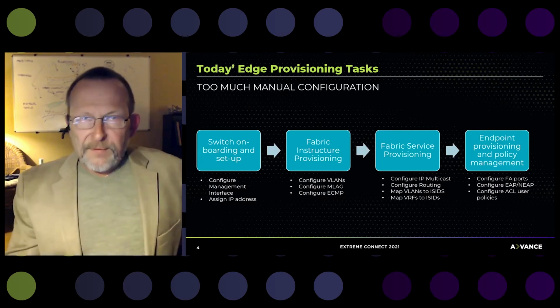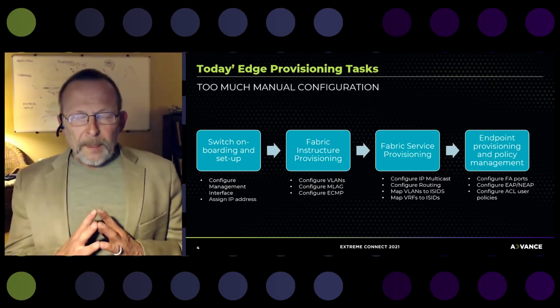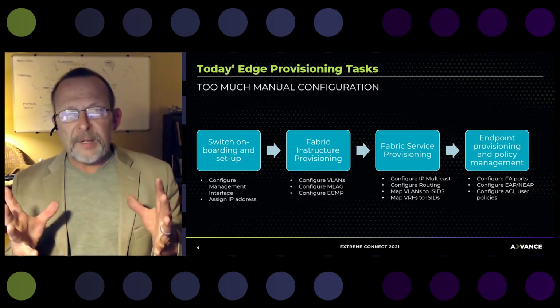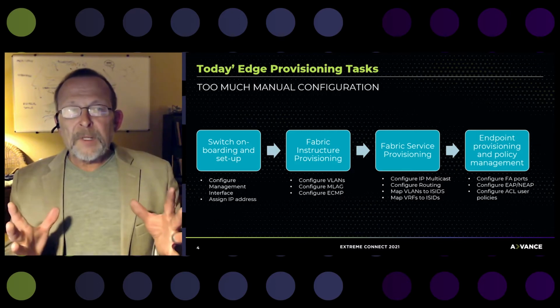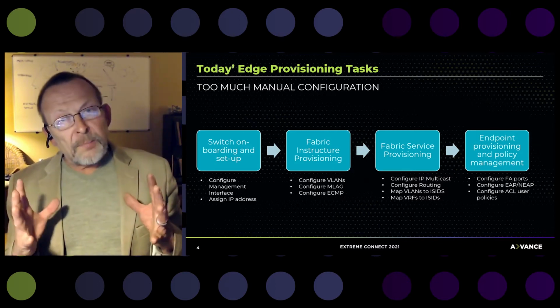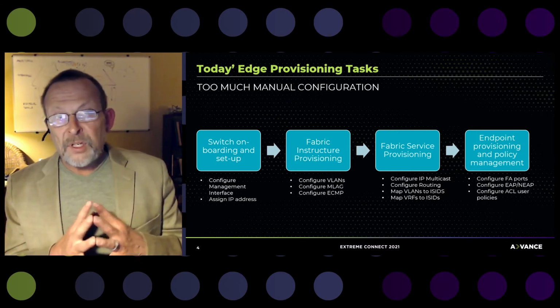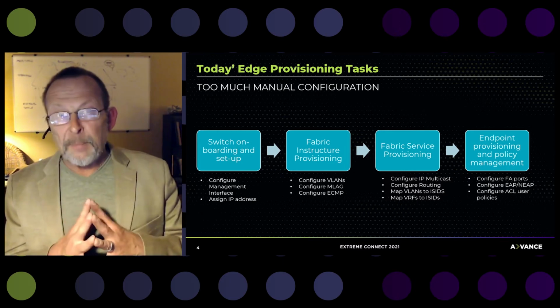But the focus of this presentation is all about automation, because we feel that even with Fabric Connect as it stands today, there is still too much manual configuration that's involved. Now, this is even after many of our customers have told us that they've seen up to 60% OpEx benefits by implementing Fabric Connect.